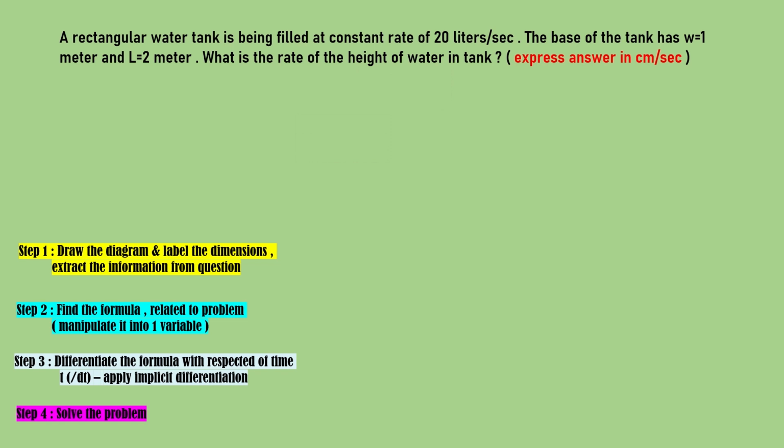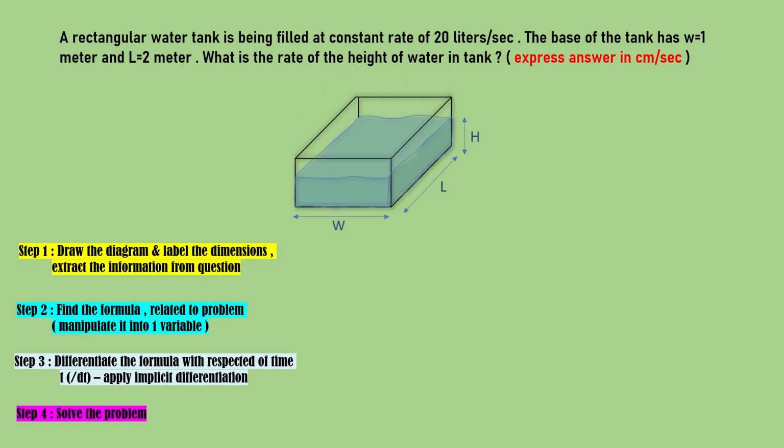Now, from the question, we need to draw the tank as a rectangular shape. Then, find the related formula to the question, which means finding the volume of the tank. The volume formula for the tank is V equals width times length times height.